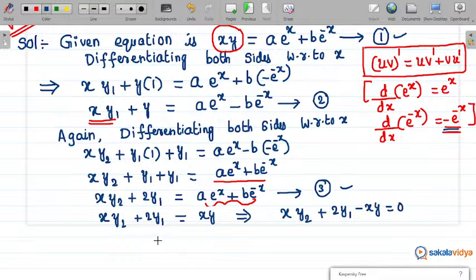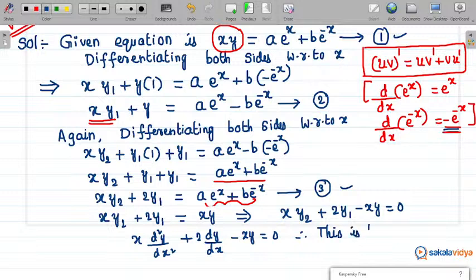So therefore we can write this also: x d2y by dx square plus 2 dy by dx minus xy is equal to 0. So this is the required differential equation. So this is our answer. Clear? Okay.